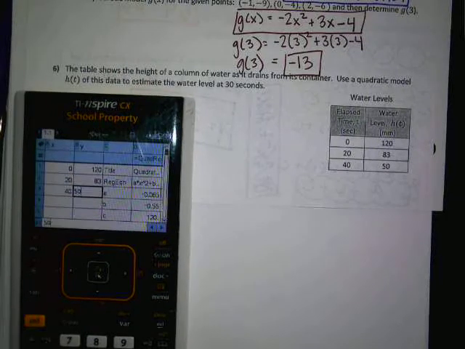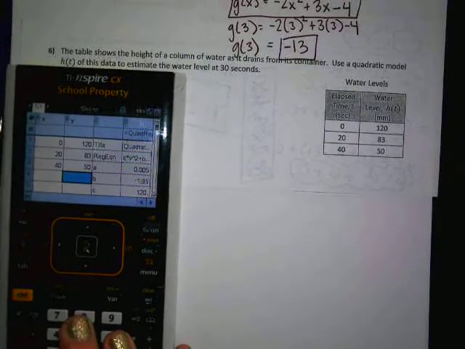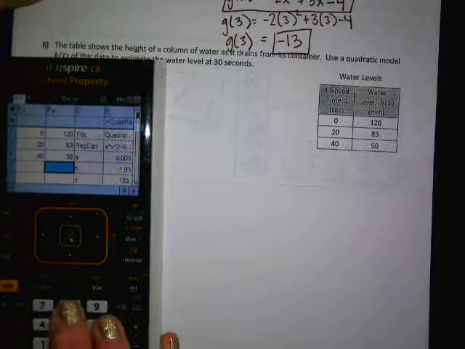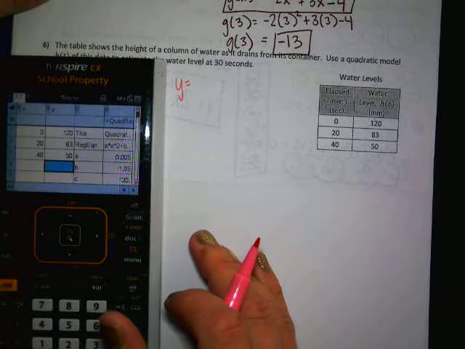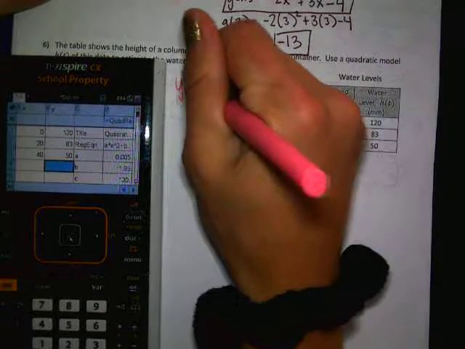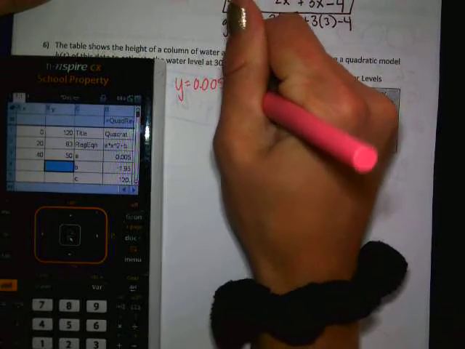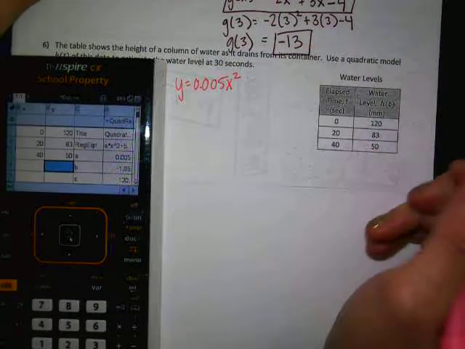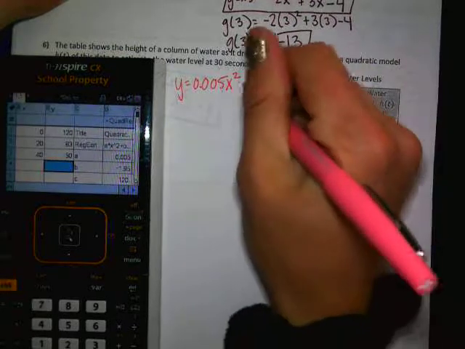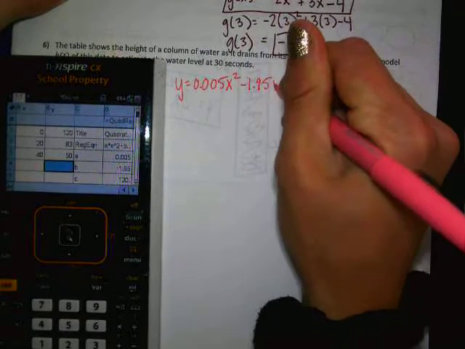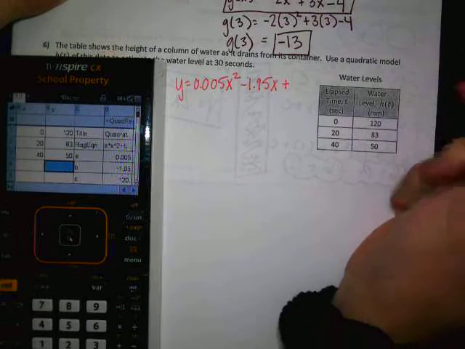Orlando, what is my a value? 0.005 x squared. Haley, what's my b value? Negative 1.95. And Quay, what's my c value? 120.